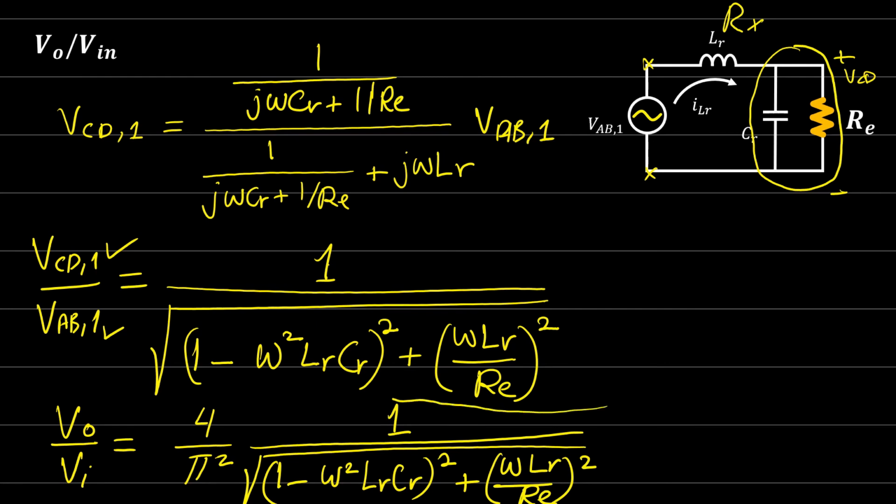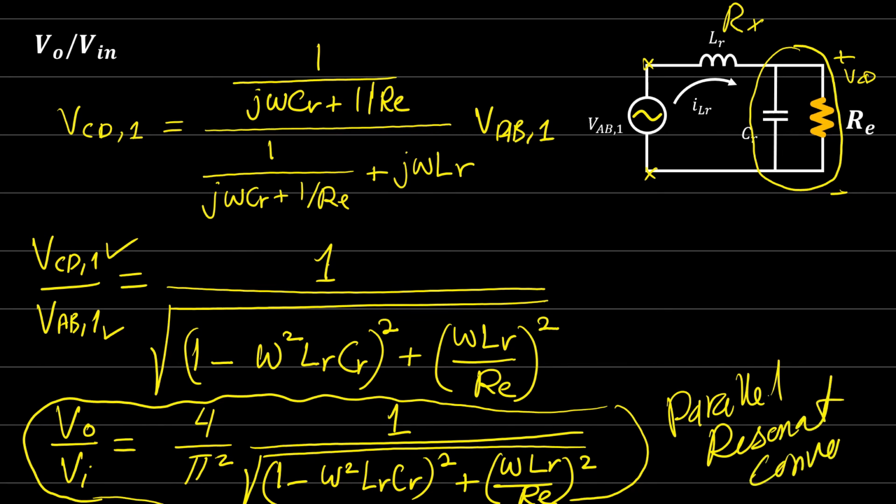And this is the relation between the input voltage and the output voltage for the parallel resonant converters.